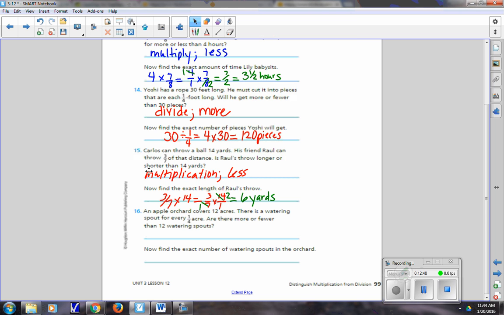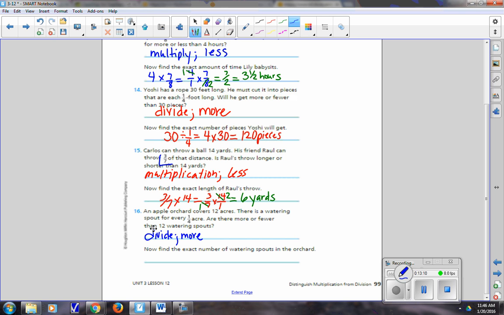Who got it right? An apple orchard. Gosh, I hope I got all of that. Okay. Covers 12 acres. There is a watering spout every 1/4 acre. Are there more or fewer than 12 watering spouts? First of all, multiply or divide? Divide. And are there going to be more or less? Good job.